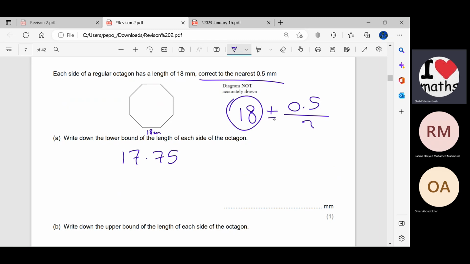It's 18 plus or minus 0.5 over 2, because they are asking me to correct it to the nearest 0.5. 0.5 plus or minus 0.5 over 2. I get the lower bound by subtracting and the upper bound by adding. Agreed?